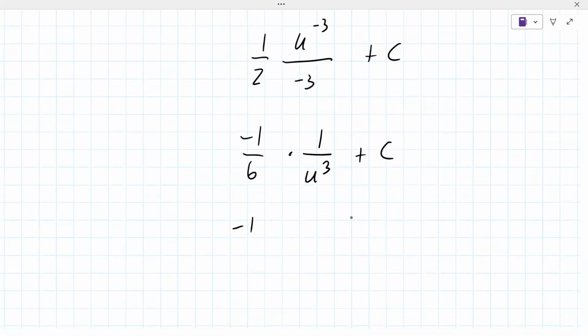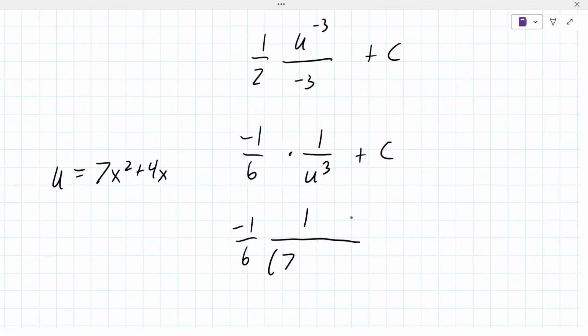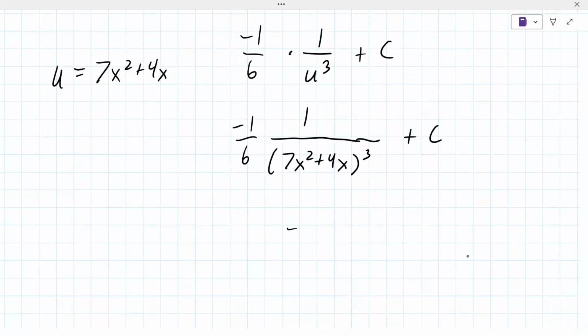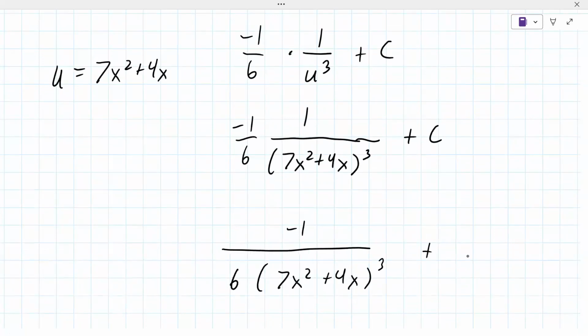And you might wonder, when does this problem end? You have to back substitute. So u was originally 7x squared plus 4x. That's going to go in for u. And then your final rewrite here is minus 1 over 6 times 7x squared plus 4x cubed, plus c.